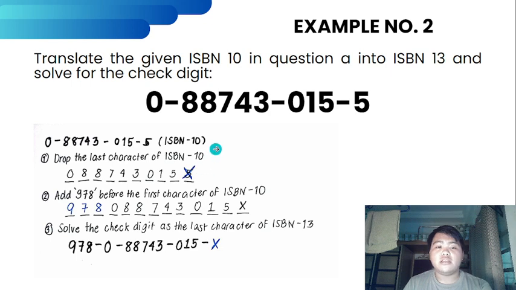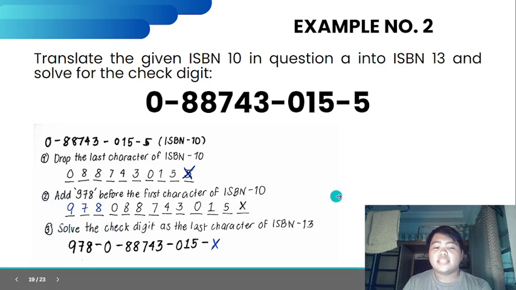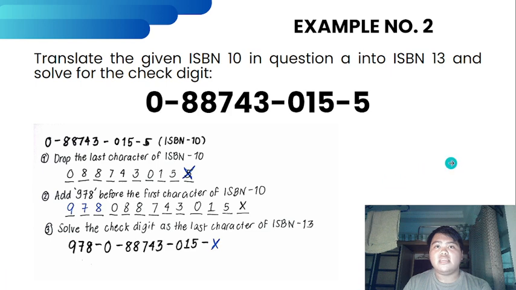The remaining digits are 088743015. Then we add 978 before the first character of the ISBN 10 so that it can be represented as 978-088-743015, and X is the check digit of the ISBN 13. Then we solve for the check digit as the last character of the ISBN 13.